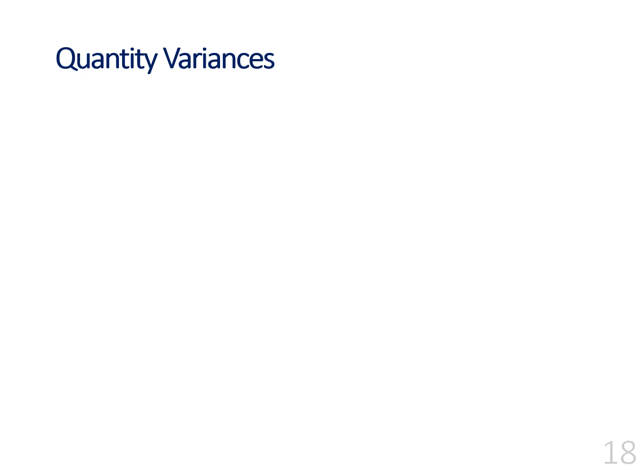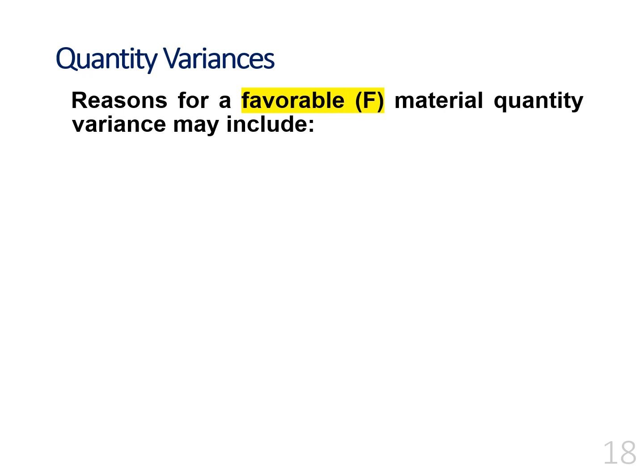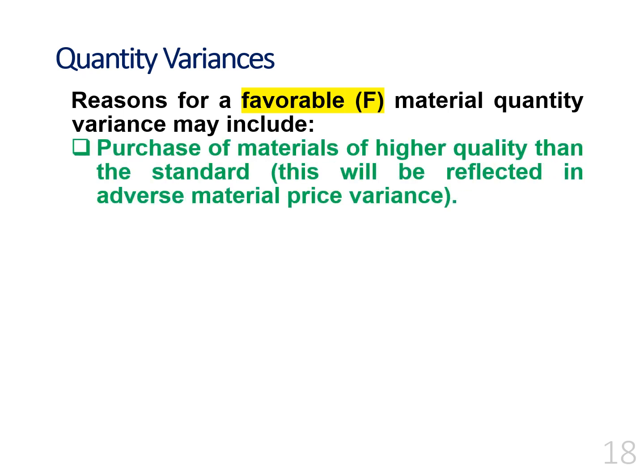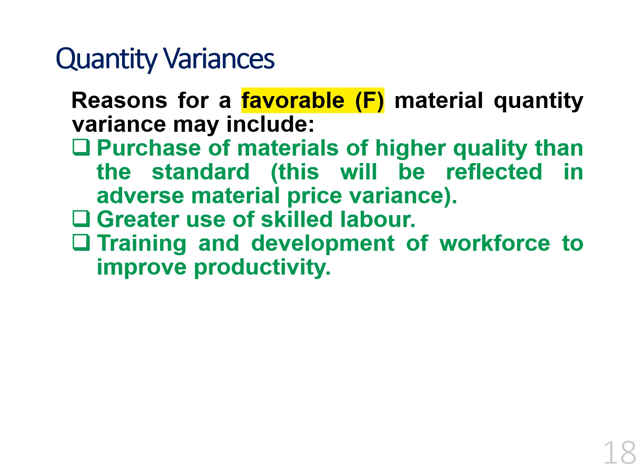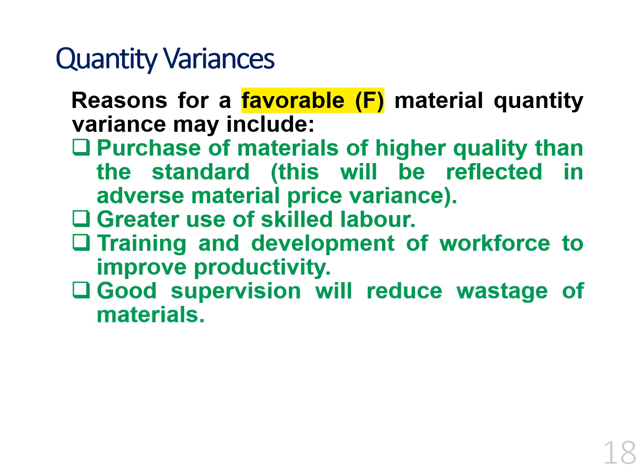Quantity variances. Reasons for a favorable material quantity variance may include purchase of materials of higher quality than the standards. This will be reflected in adverse material price variance. Greater use of skilled labor, training and development of workforce to improve productivity. Good supervision will reduce wastage of materials.